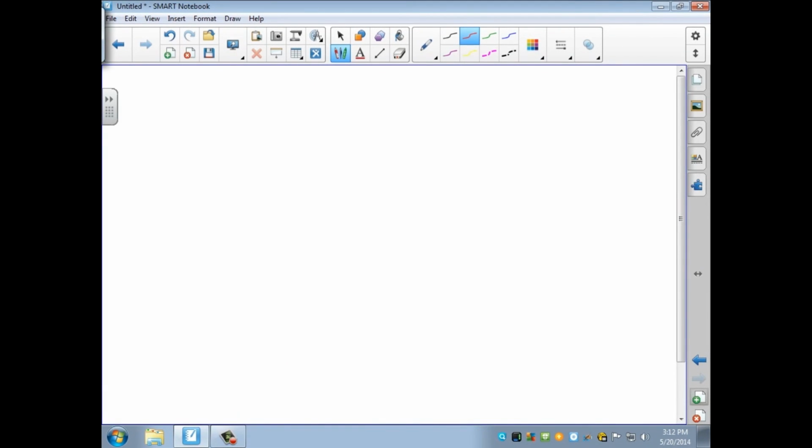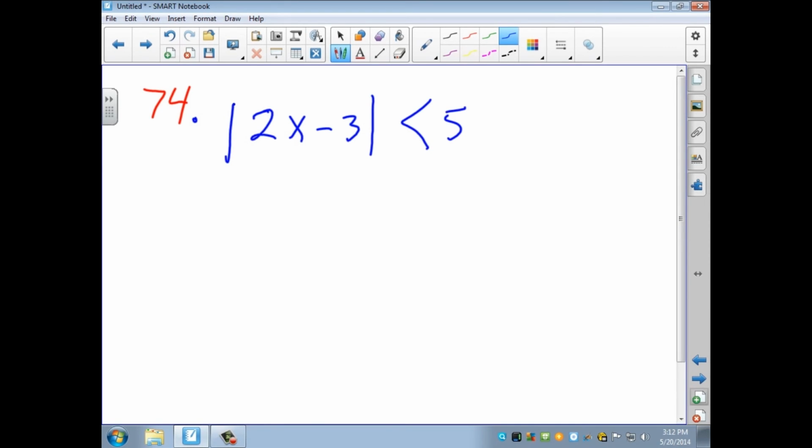For example, we have number 74. The absolute value of 2x minus 3 is less than 5. Okay? Absolute value of something is less than a constant 5. What do you say?